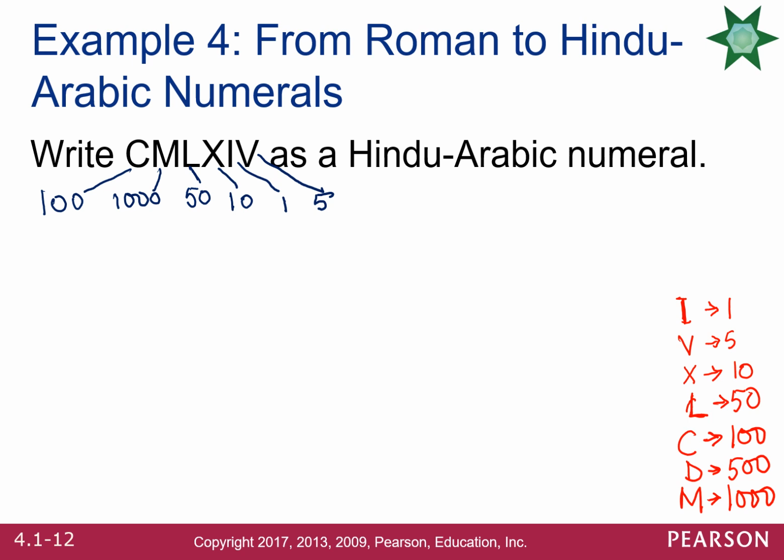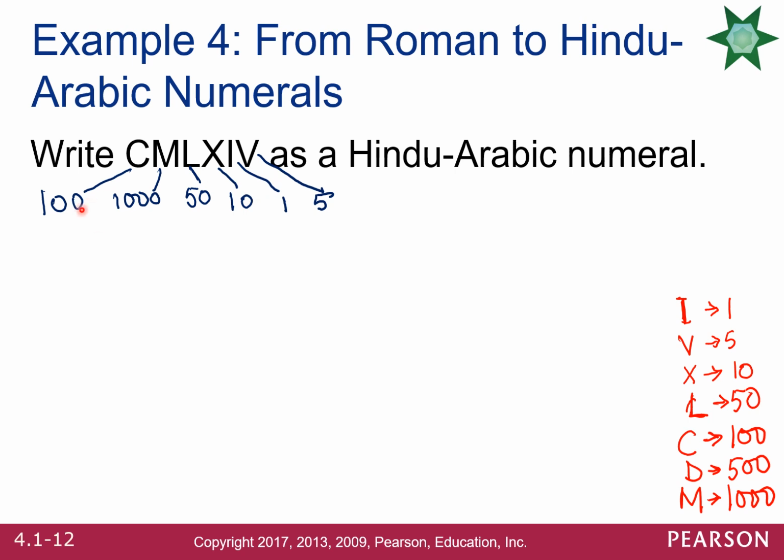In the second step, I have to compare each of these numerals with the numeral adjacent to it to see whether it's less than or greater than the numeral to its right. All right, so let's go one by one from the left hand side to the right hand side.